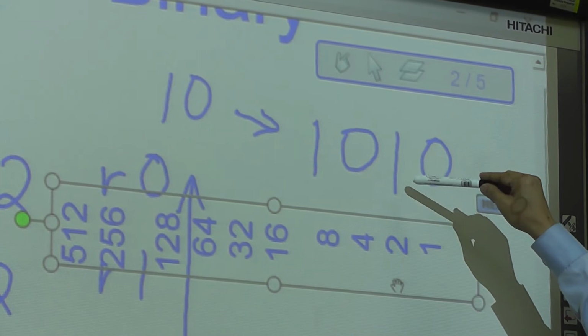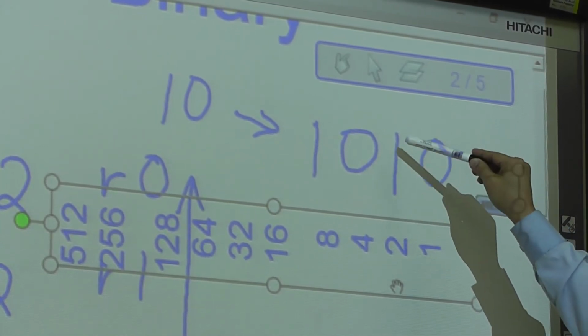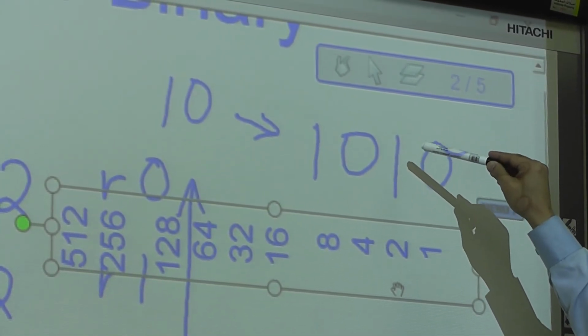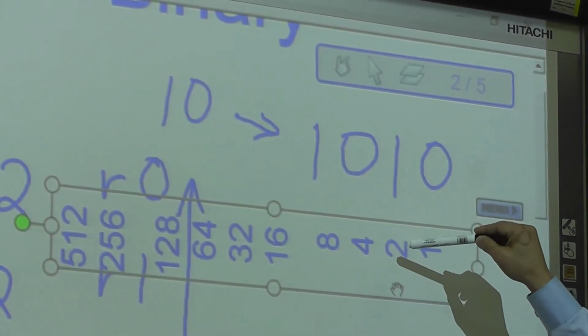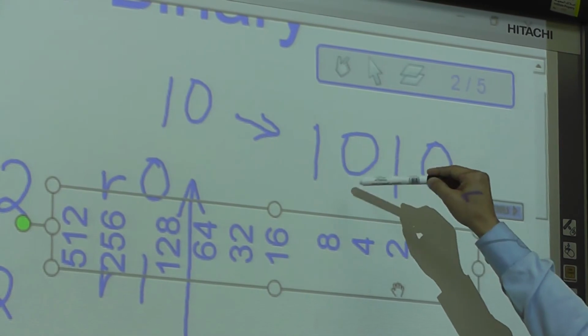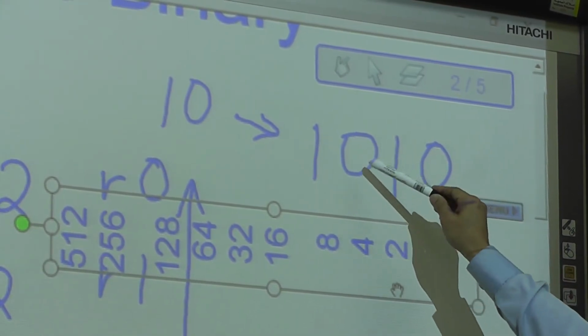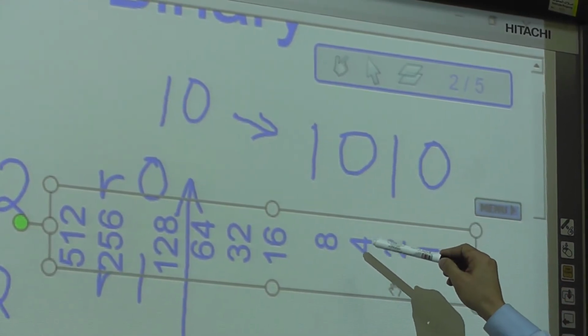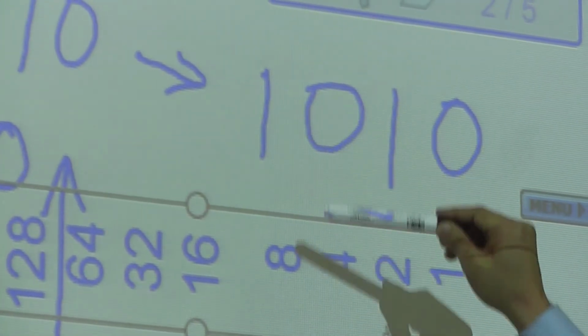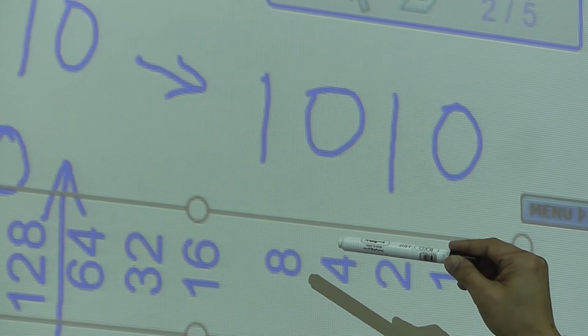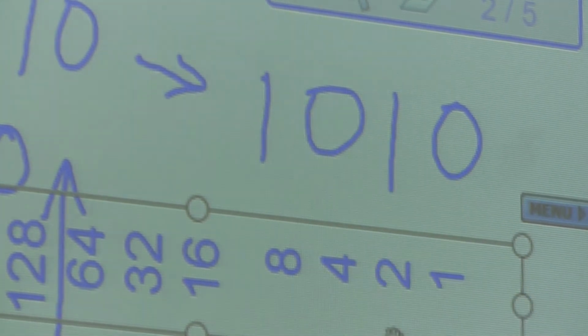On this side, if I put a 1, that binary 1 has the value of 2. The one on the third position gives the number 4. And the last one here has the value of 8.